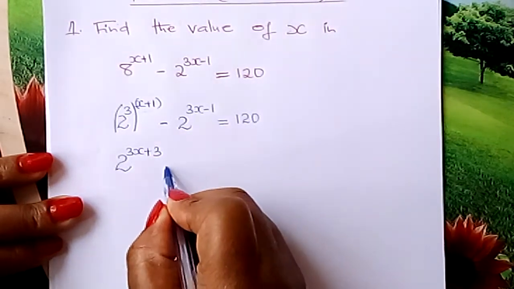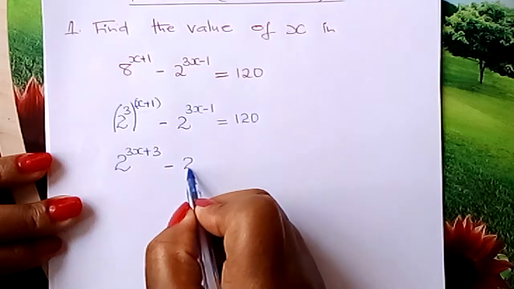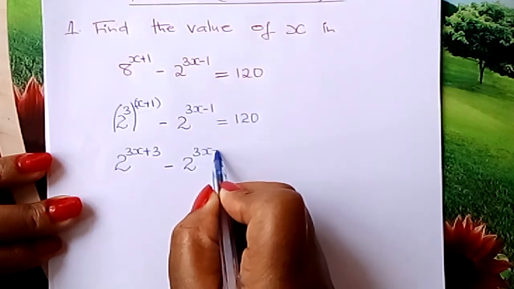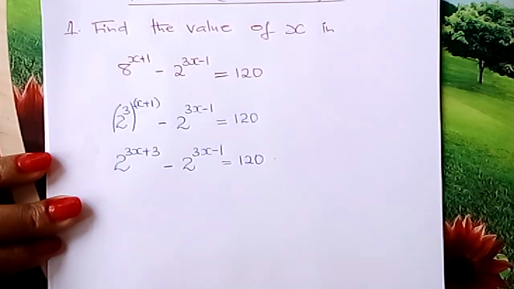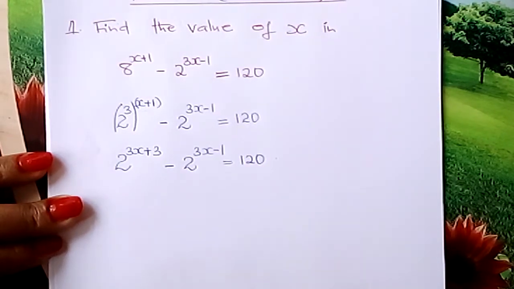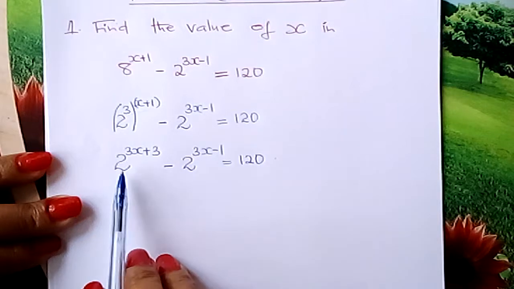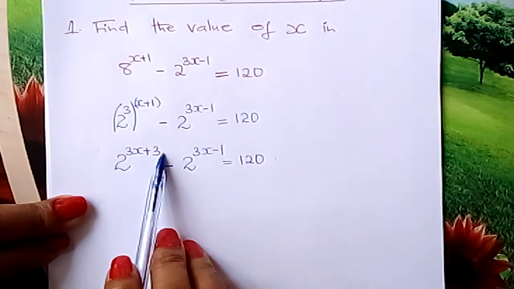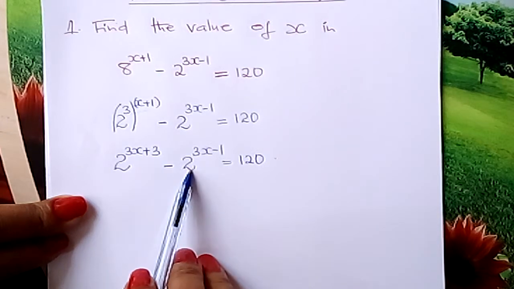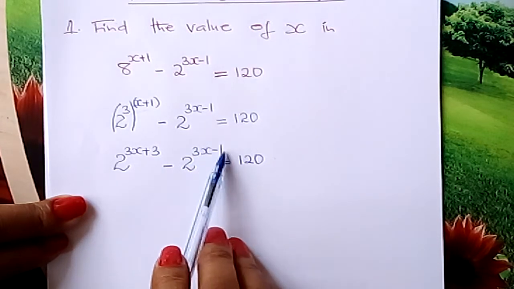Good. Then you say minus 2 raised to 3x minus 1 is equals to 120. So learner, if you look at our problem now, you can see that 2 here is raised to 3x plus 3 and 2 here is raised to 3x minus 1.